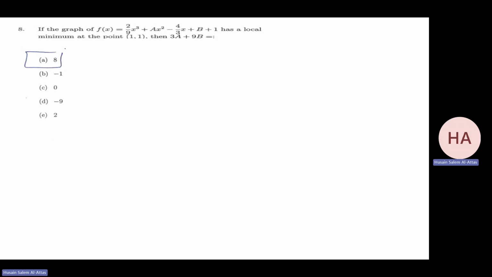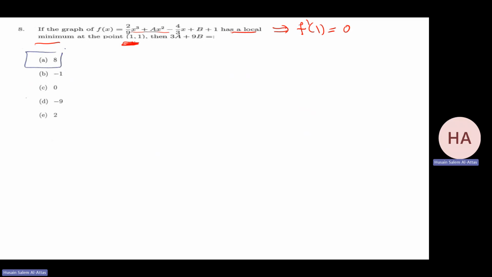If the graph has a local minimum, that means at what? At this point, at x equal 1. That means f prime at 1 equals 0. And the function is polynomial, so it's differentiable everywhere. So for sure, f prime at c is 0, since this is the point 1 and 1.